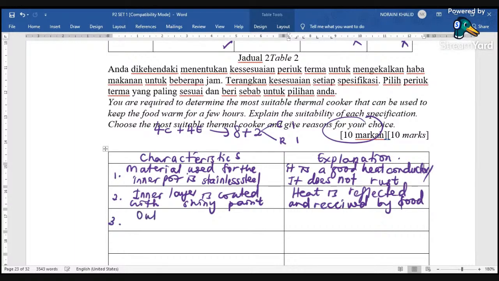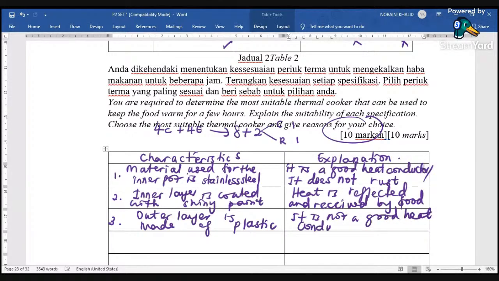The outer layer is made of plastic. Okay. It is not a good heat conductor. Or you can also write prevent heat loss to the surrounding.